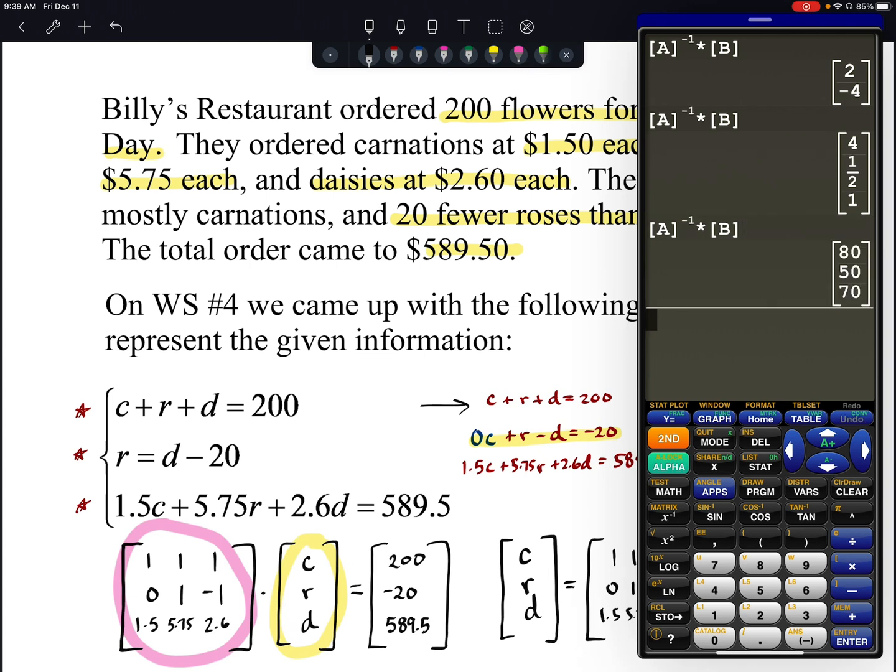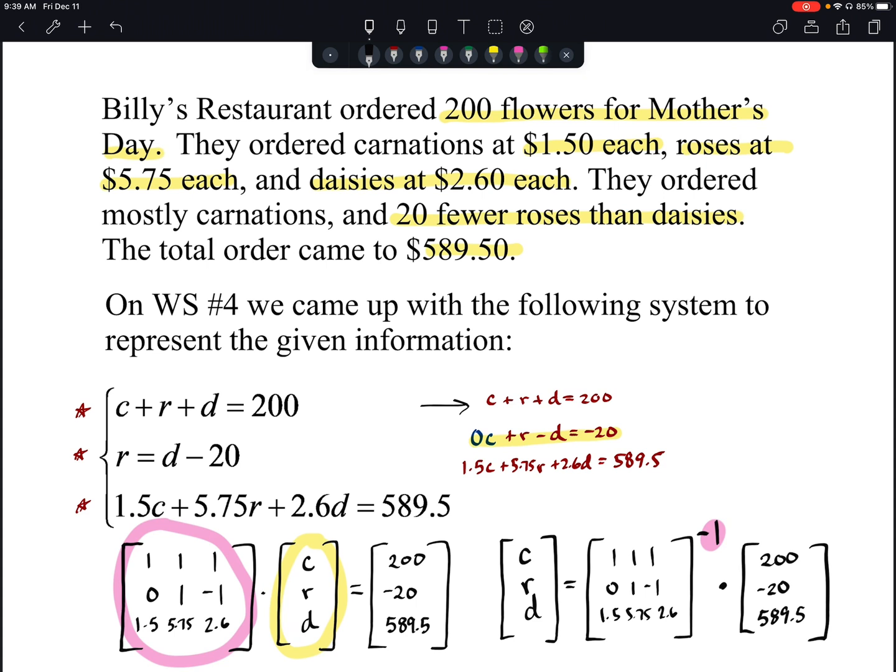You see we get 80, 50, and 70. So let's see if I can fit that in here. That'd be 80, 50, and 70. So if C is the number of carnations, there would have been 80 carnations. Our R is going to be the number of roses.